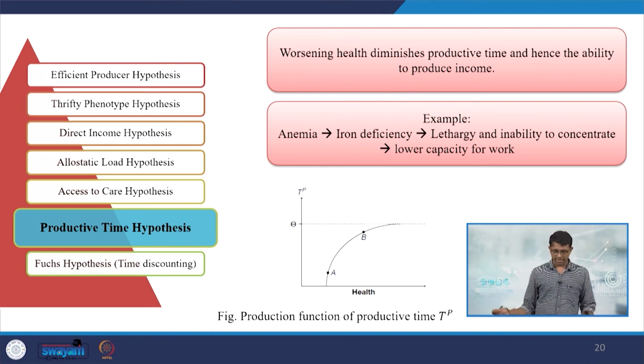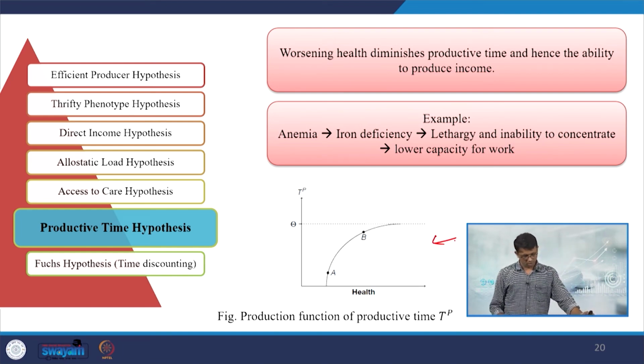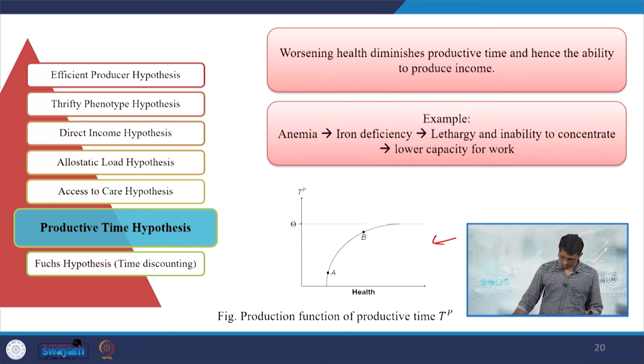So, we start with, for example, anemia due to iron deficiency that results in lethargy and inability to concentrate. Hence, it has consequences in terms of capacity to work. So, there will be low capacity to work; the higher the health, the better the productive hours we have. We already discussed this kind of diagram earlier. This is also called the production function of productive time.